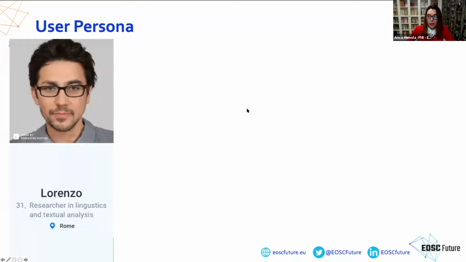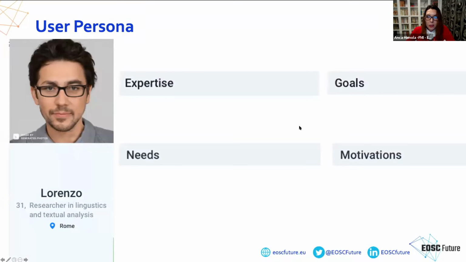We can add details about the persona's background information, such as name, age, location and occupation, as well as expertise, needs, goals, and motivation. This focus on a singular individual or a very small set of individuals fosters empathy for the specific users that we are designing for, meaning you, and it helps us break away from the attempt to design for absolutely everybody.